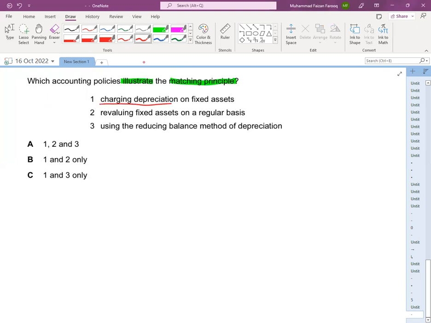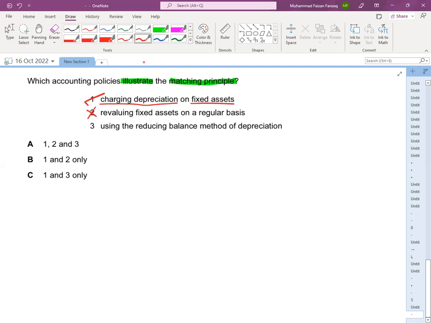Expense on a fixed asset, because we are earning from the asset, so we have to record an expense. Yes, it is the illustration. Revaluation is a gain or loss. It's not an expense of use, so it cannot be the answer.